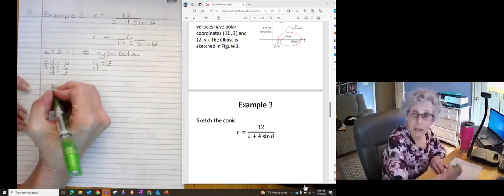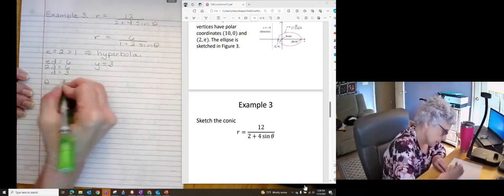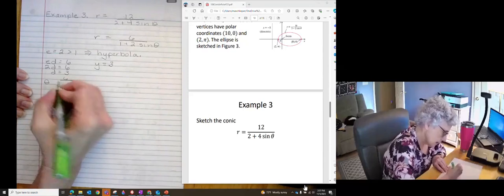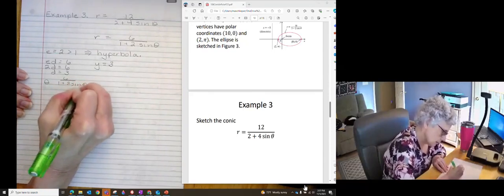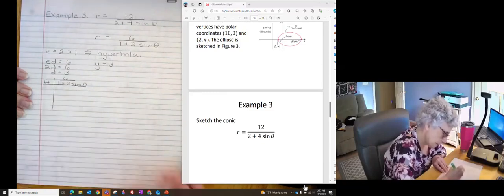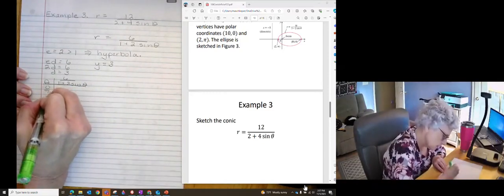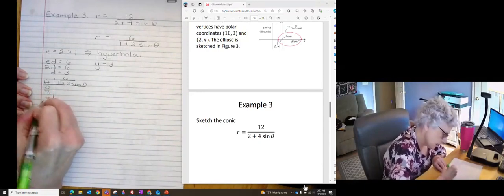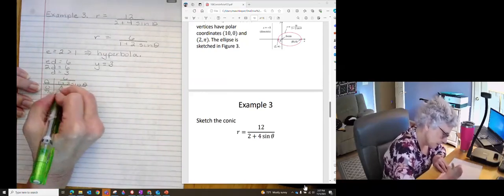Now let's make our little chart with the big 4. We have theta and we have, I'm going to go ahead and put in 6 over 1 plus 2 sine theta. Easy to plug in. So I have 0, pi halves, pi, 3 pi halves. I plug 0 in.